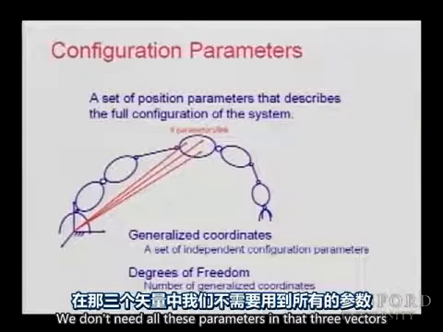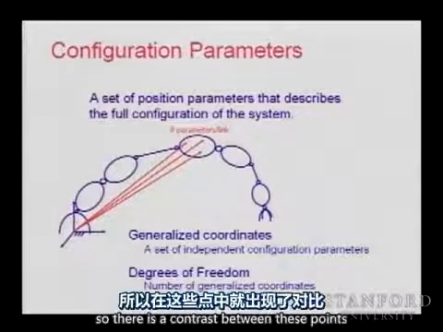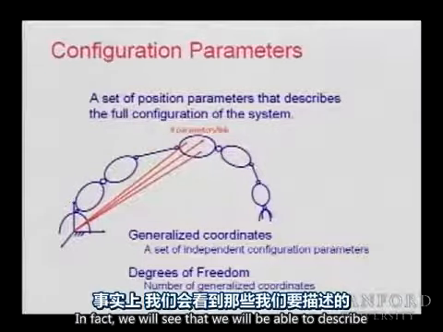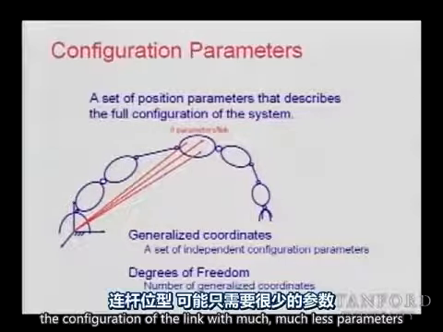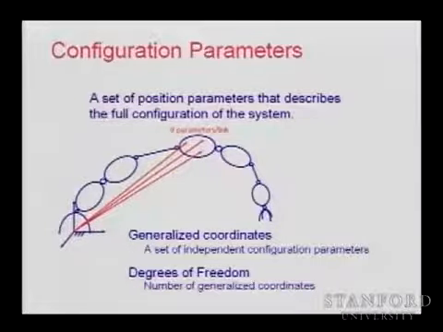We don't need all these parameters in those 3 vectors, 3 points, because the points are fixed, so there is a constraint between these points, and that is going to show us that these 3 vectors are not independent. In fact, we will see that we will be able to describe the configuration of the link with much fewer parameters. So that brings us to generalized coordinates.